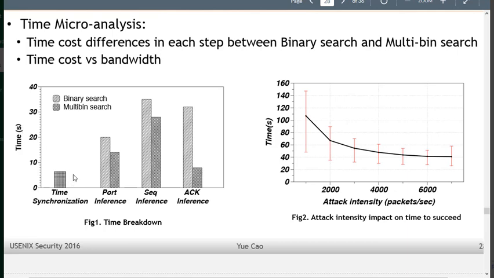And they actually do it in 4 phases. One is time synchronization between the victim and the attacker. We do not have time to go through the details, but the 3 parts shown here are that you need to figure out the port number, the sequence number, and the acknowledgment number. The bar height represents the number of seconds.